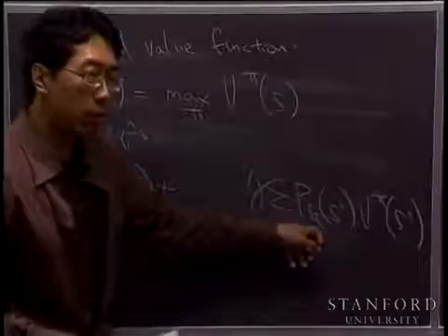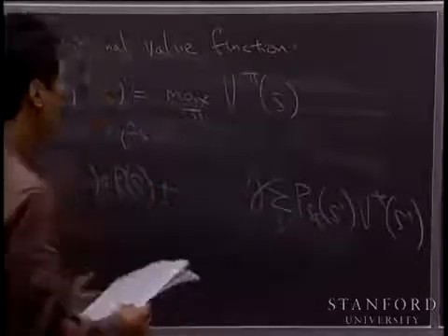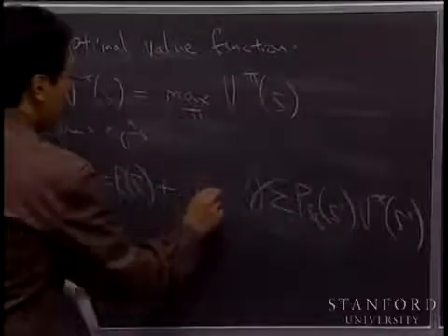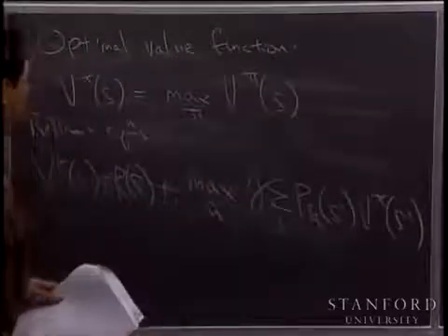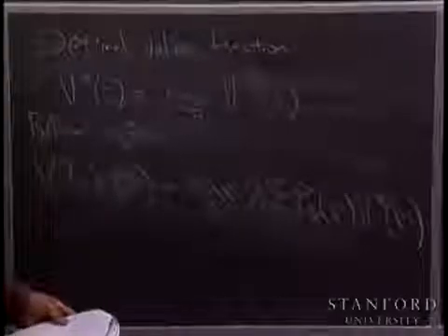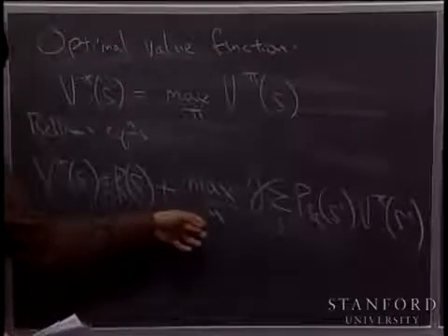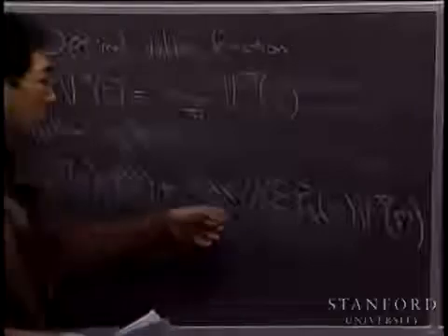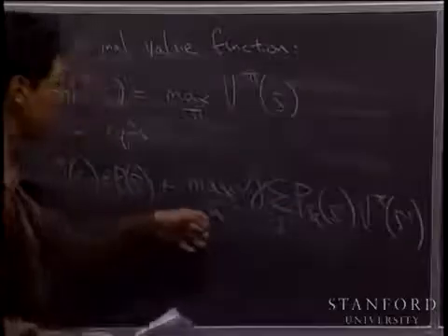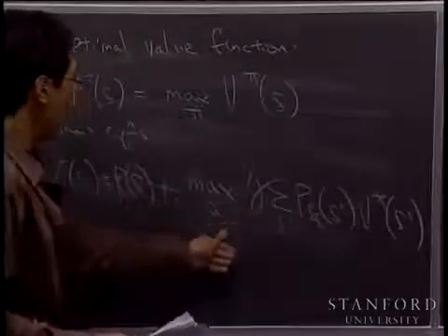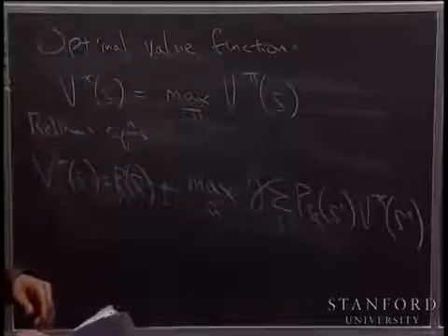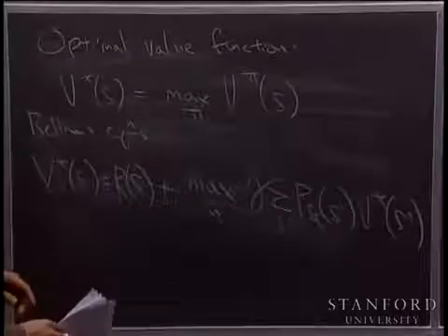In order to actually obtain the optimal expected total payoff, what you should choose here is the max over all actions a. Choose your action a that maximizes the expected value of your total payoffs as well.